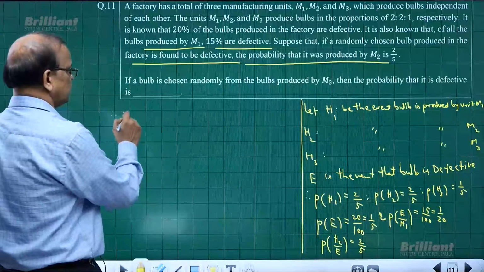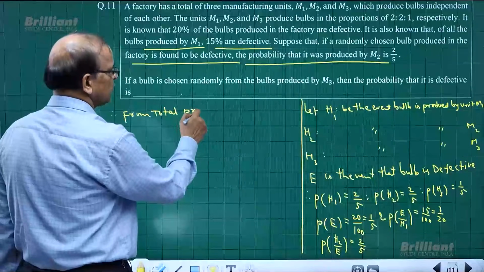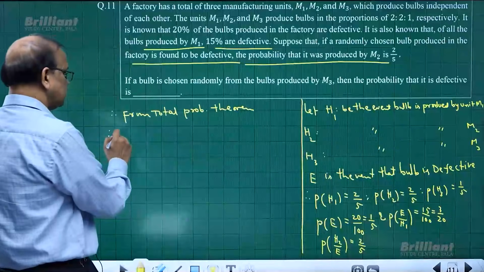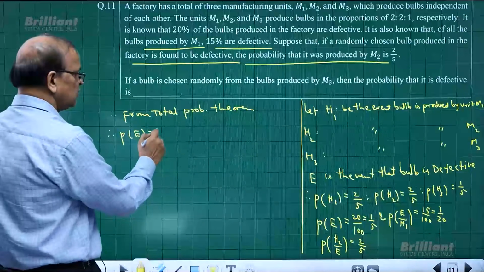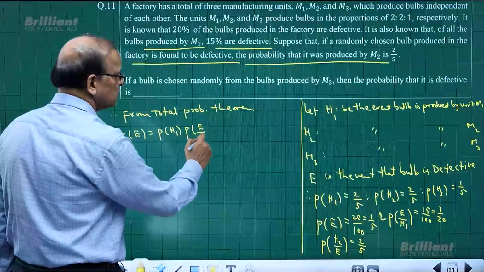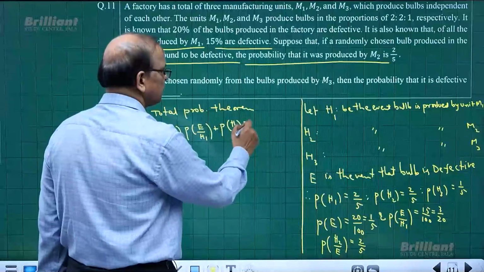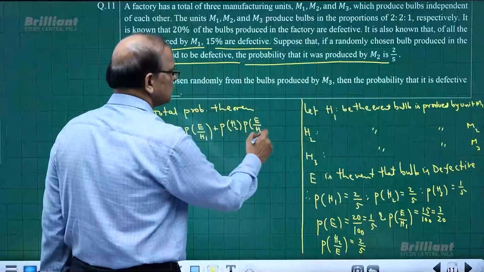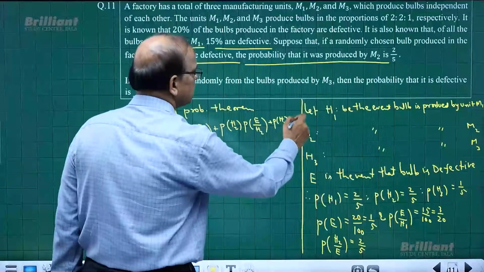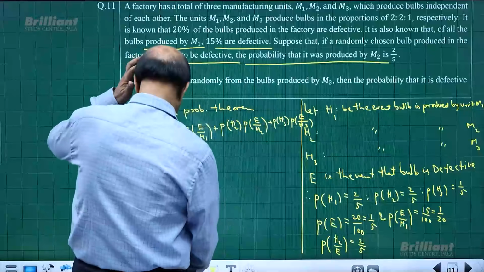So therefore from the total probability theorem, P of E we can write now. What is that? P of H1 into P of E by H1, plus P of H2 into P of E by H2, and P of H3 and P of E by H3.